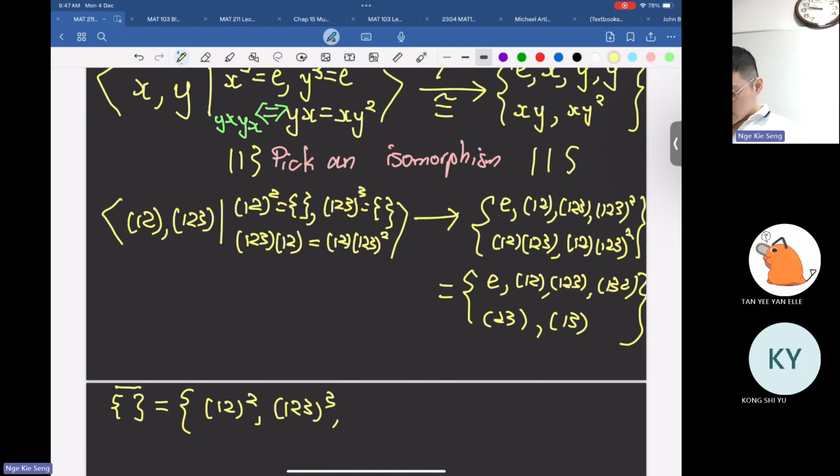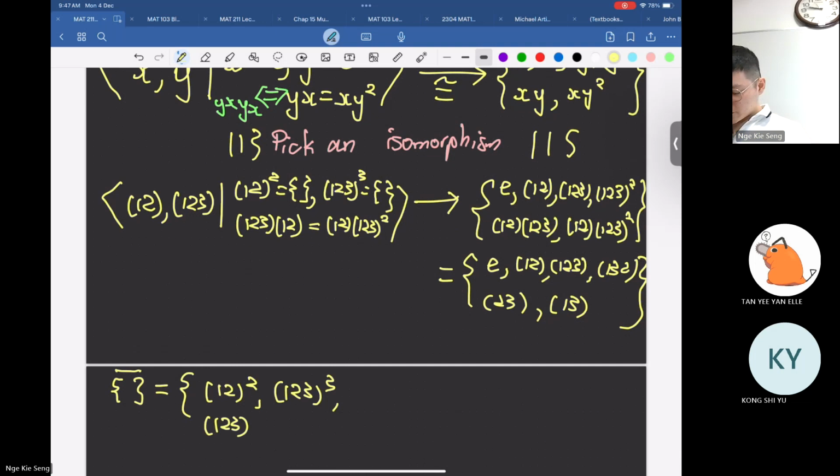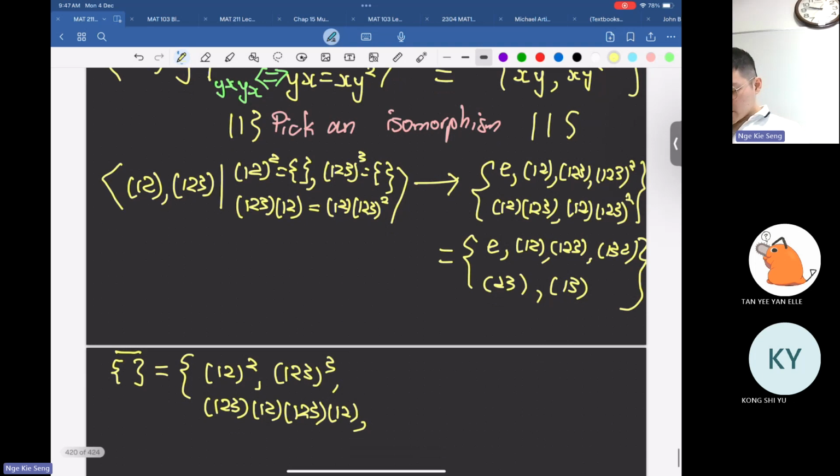So in particular, Y (1 2 3), (1 2), (1 2 3), (1 2) is in here. And then what? And then all the conjugations. You can take all the conjugations, and so on.